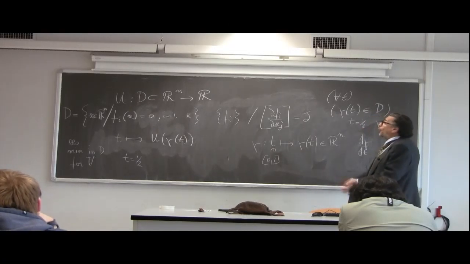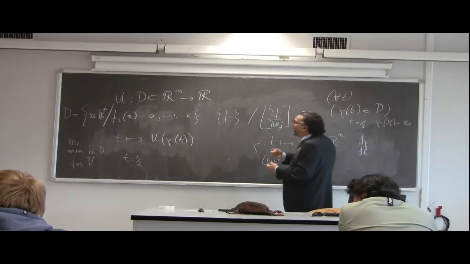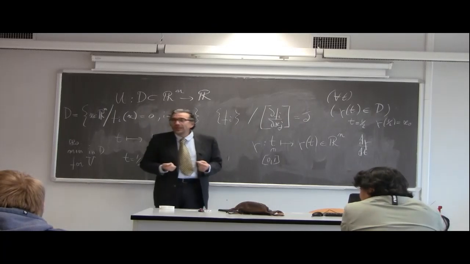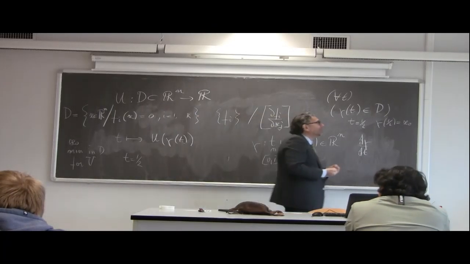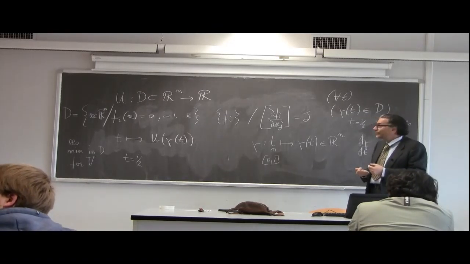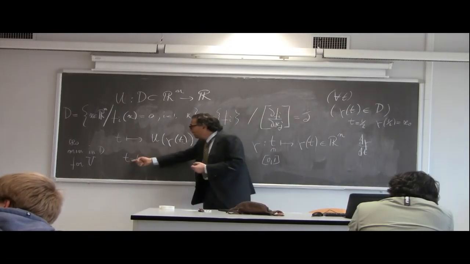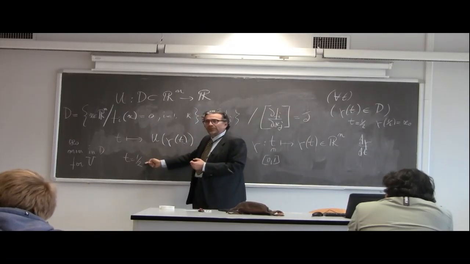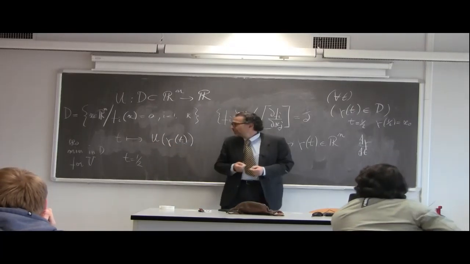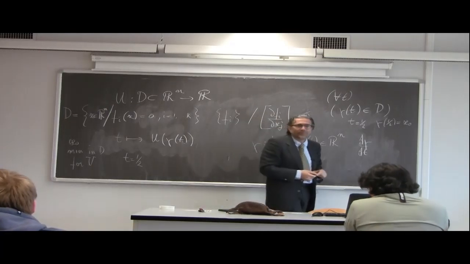So for every curve passing through x0, we have that t equal 1/2 for this composed function is a minimum.